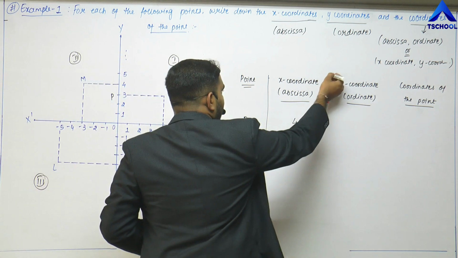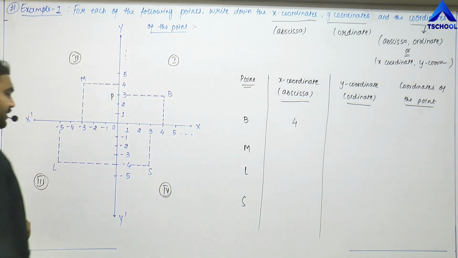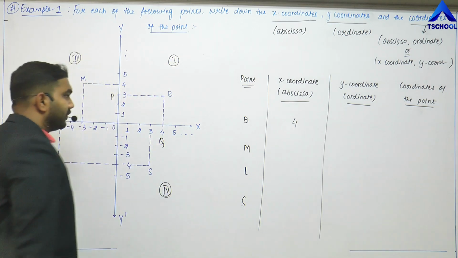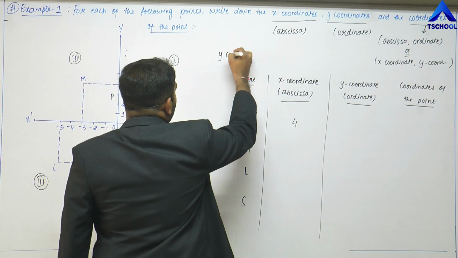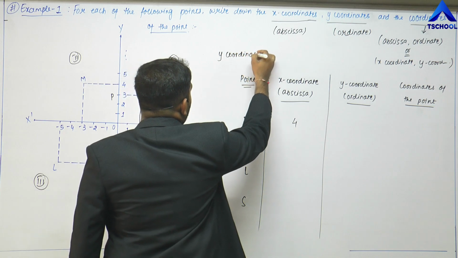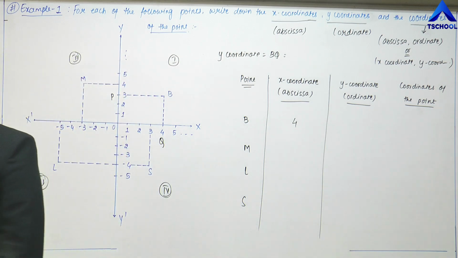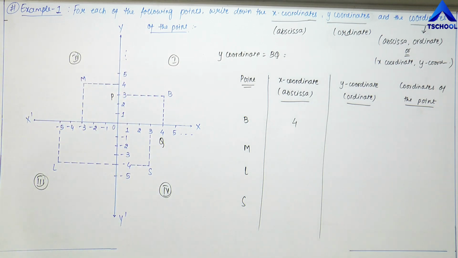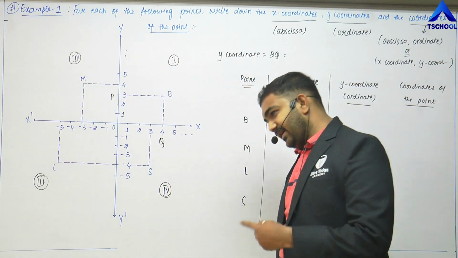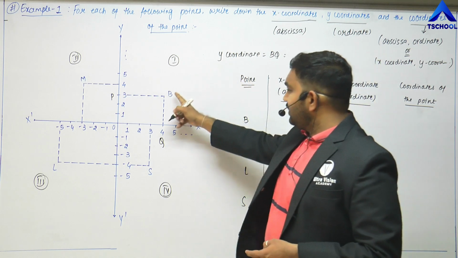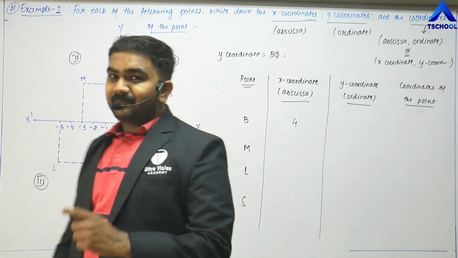Similarly, we can also write down the y coordinate. If I name this point Q here, then the y coordinate is equal to BQ, the perpendicular distance of the point from the x-axis. If we are measuring the x coordinate, then we take the perpendicular distance from the y-axis, and if we are measuring the y coordinate, then we find the perpendicular distance from the x-axis.